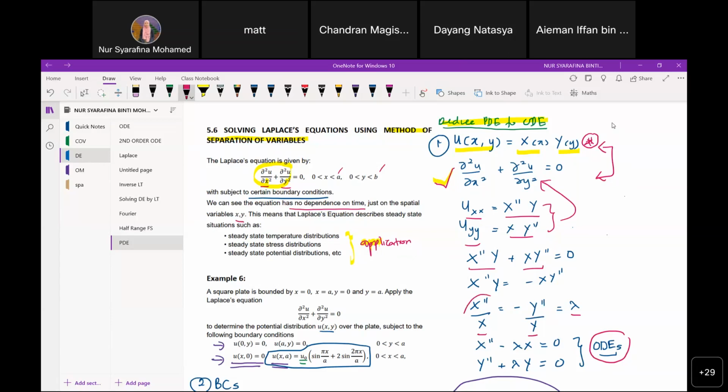From here we can separate, and the PDE now becomes ODE. Are we clear? Yes, Doctor. All right, so now let's take a look at this example.